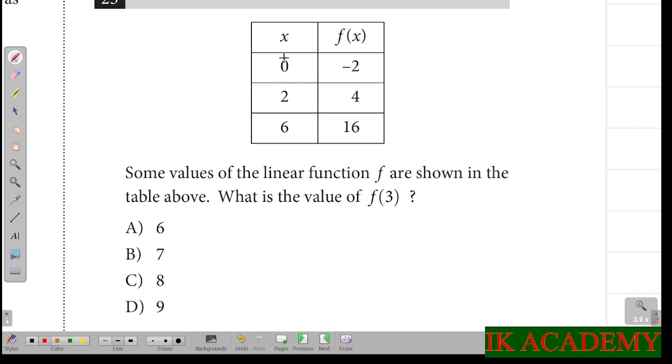We can compare the columns with each other. The increase in 2 units gives an increase of 6 units in f of x.